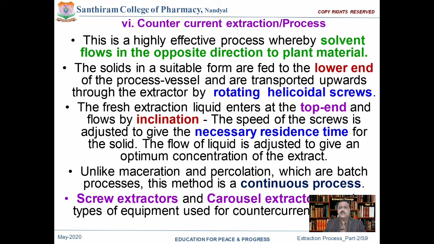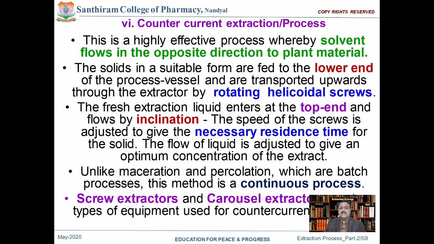Whereas the products are obtained batch-wise in a batch process, and the products are obtained continuously in a continuous process. So in this case, unlike the maceration and percolation that we have discussed earlier, which are batch processes, this method, that is the counter current extraction process, is a continuous process.